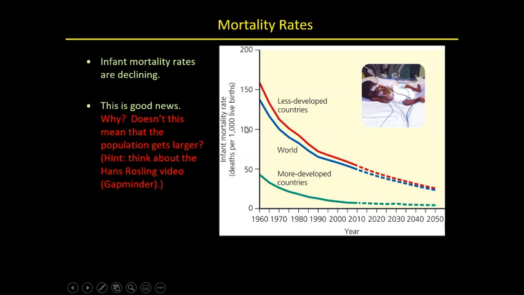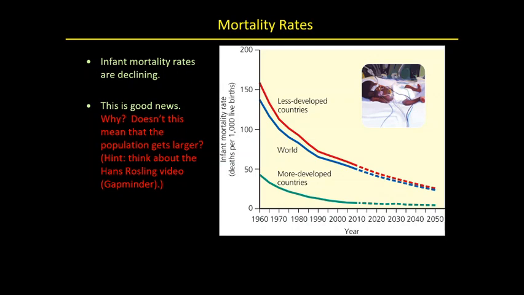But it's also good because this represents that standards of healthcare are improving around the world, and are improving very rapidly in less developed countries. And when standards of healthcare increase, women tend to have fewer children, and that's a good thing for human population growth issues. Okay, so that's why this is very good news.